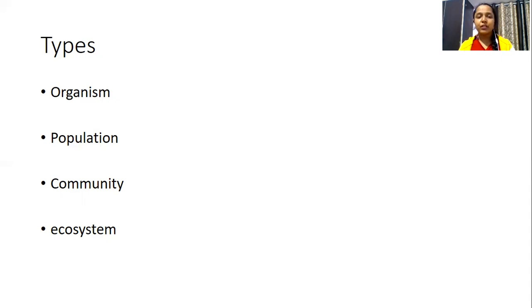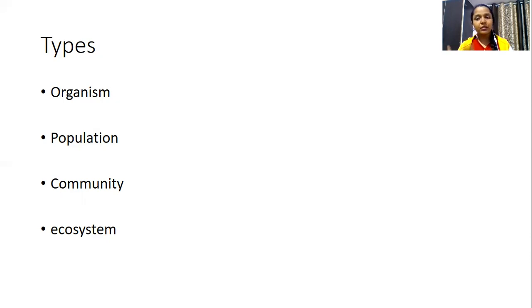Looking at the types of ecology, there are four types: organism ecology, population ecology, community ecology, and ecosystem ecology. Organism ecology deals with the ecological aspects considered within the organism. Population is a group of organisms which lives in a defined geographical area, so population ecology is the ecology of that population.